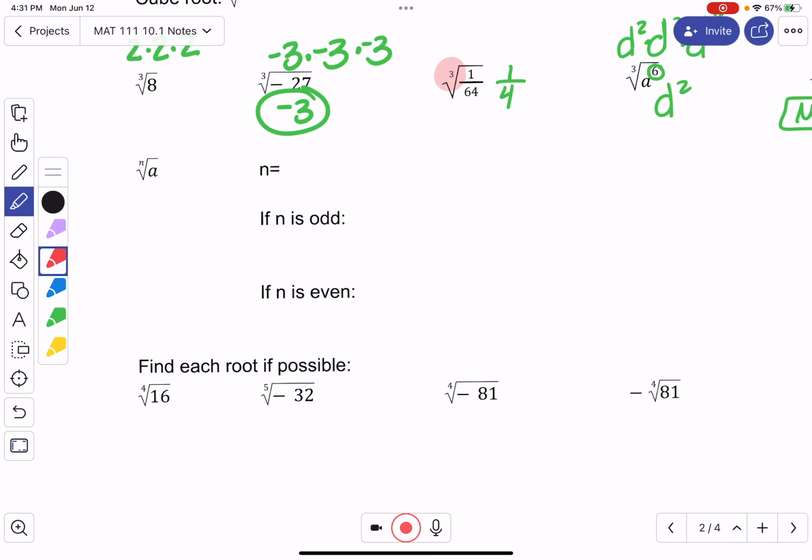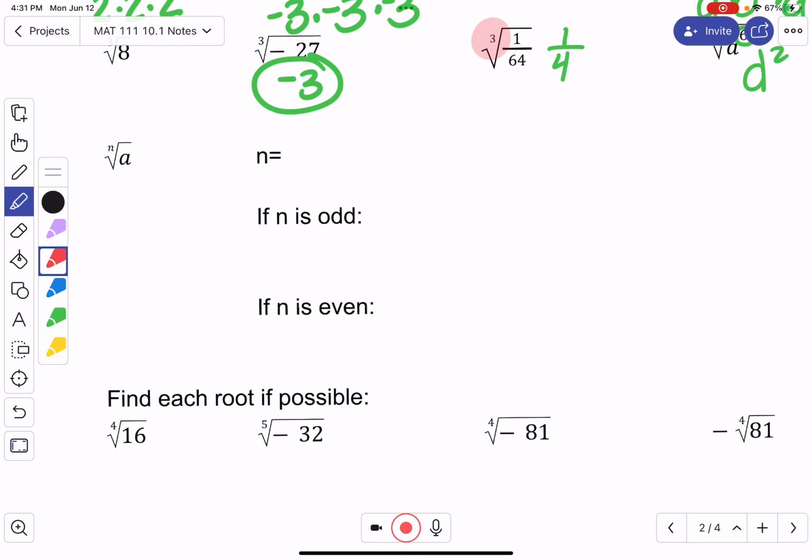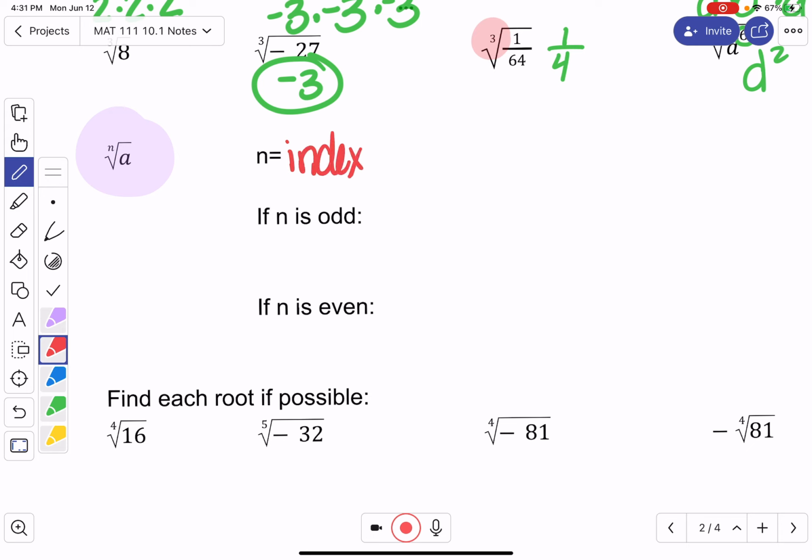Okay. This is the generic form of a radical. That little number is called the index. That tells you how many of the roots you need. If n is odd, like 1, 3, 5, 7, all of that, if a is positive, your root is positive.